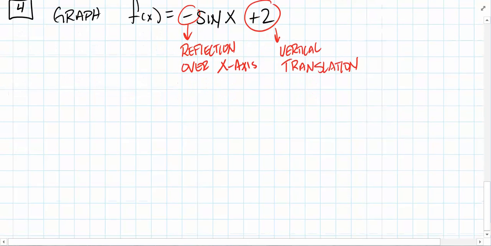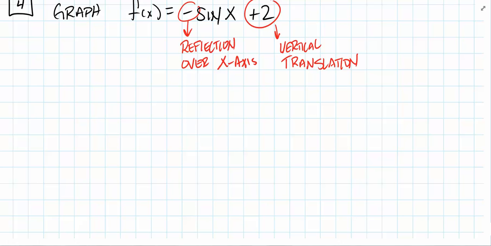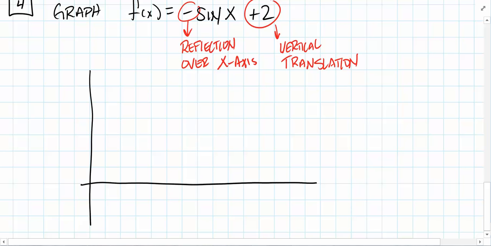Here's how we're going to do this. First, we set up our coordinate plane, and we have to think a little. We're going to translate, which means pushing the entire graph up 2 whole units. If the highest point is already at 1 and we push it up 2 units, how tall should we make our scale? At least to 3.